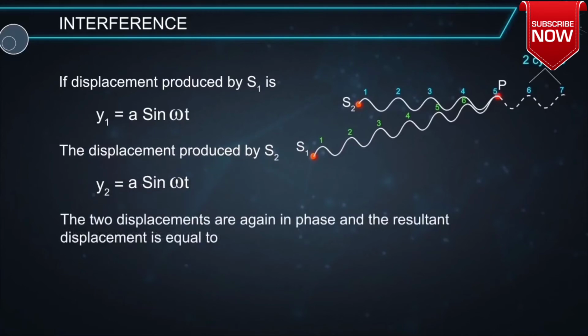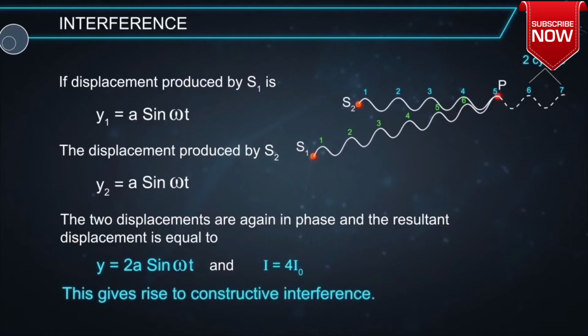The two displacements are again in phase and the resultant displacement is y is equal to 2a sin omega t and intensity I is equal to 4I naught. This gives rise to constructive interference.